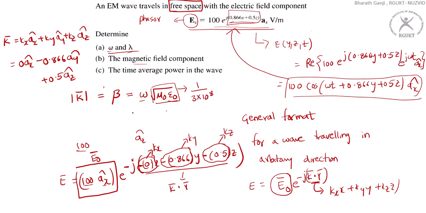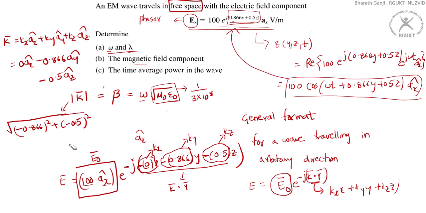Now you need to calculate omega, but all you need is the magnitude of the k bar vector. Sorry, my bad, here there is a minus sign. So I can see the magnitude of k bar is square root of minus 0.866 whole square plus minus 0.5 whole square.